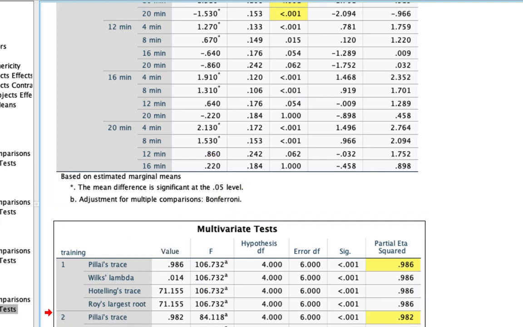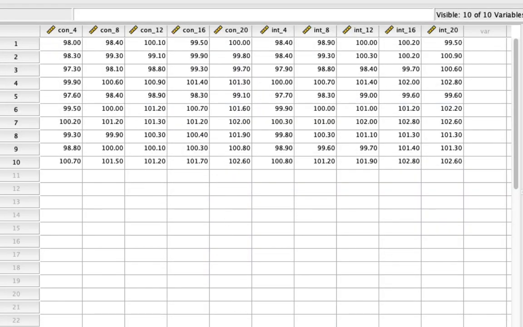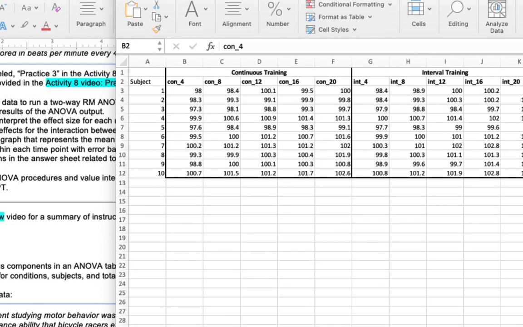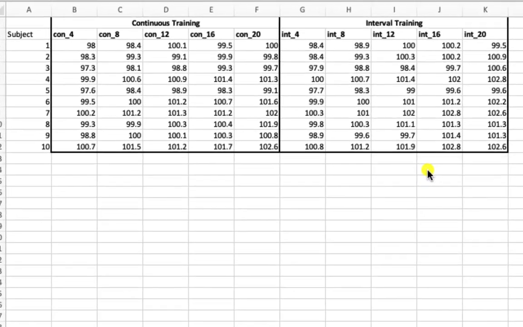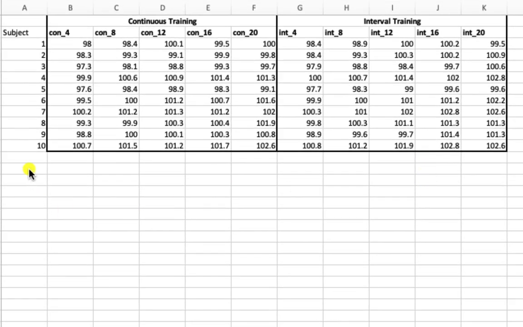So I'm going to minimize this. I'll minimize my syntax, and I'll minimize my data. And what we can do from here is create our bar graph. So I'm going to reorganize this just a little bit.